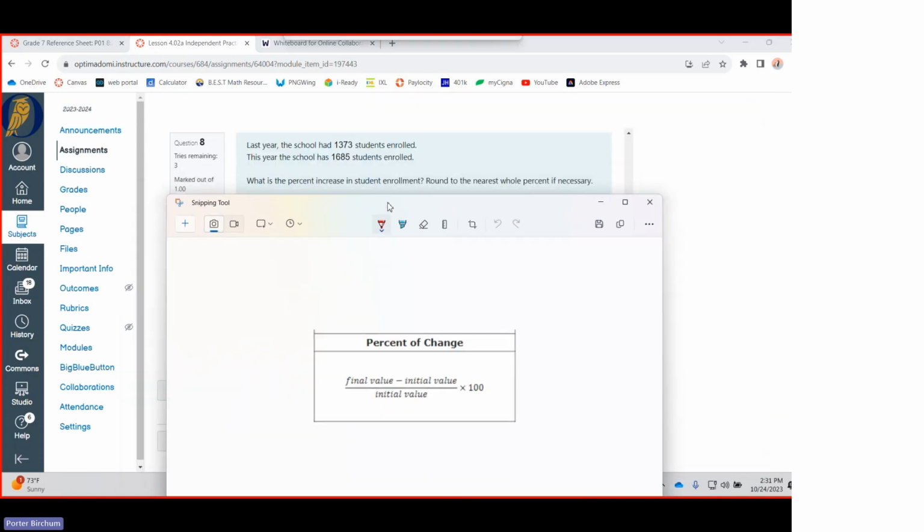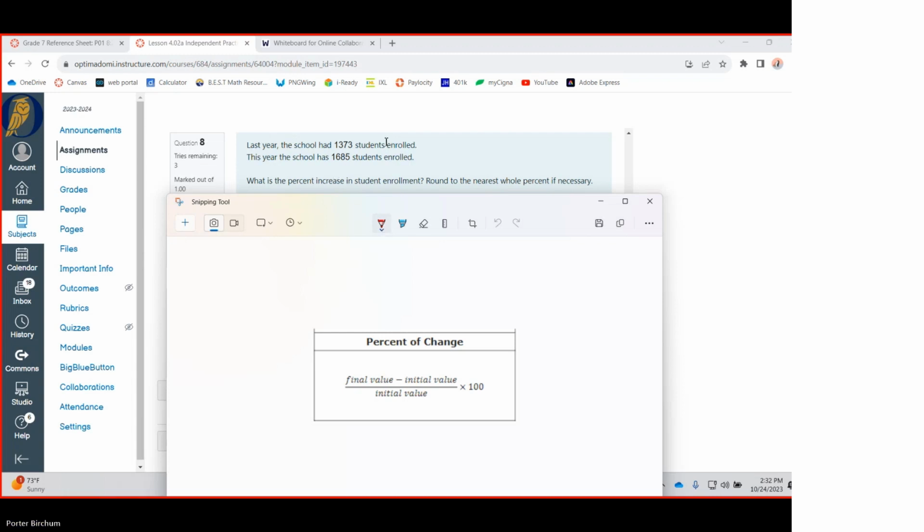So we're going to use the percent change formula, the percent increase. I need the final value and the initial value, or the last value, the ending value, and the beginning, the first value. Which one of these numbers happens first in the story if it was like a timeline? Which is the oldest number? 1,373, because it happened last year.